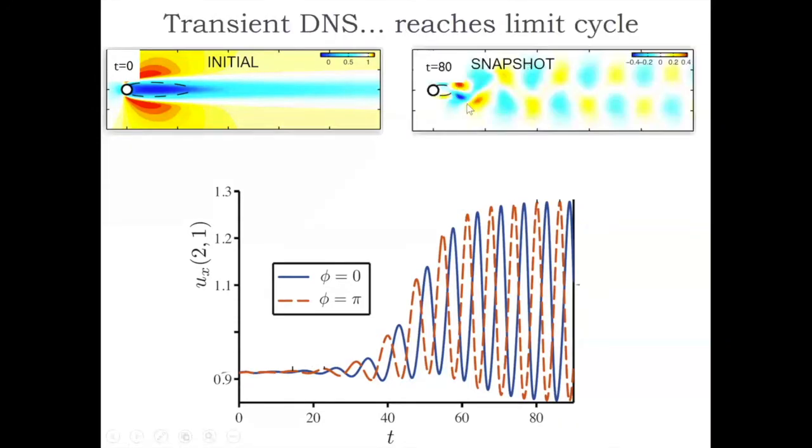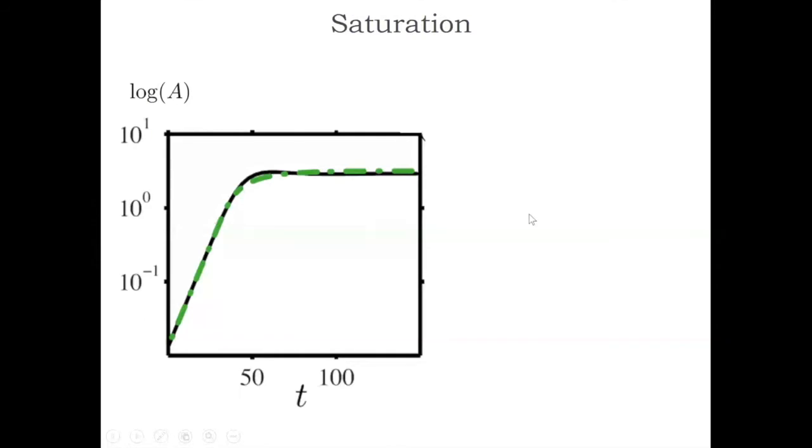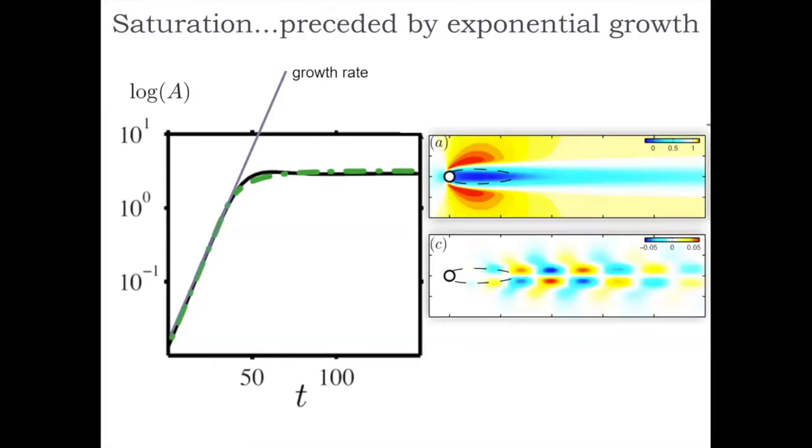And what's interesting is that you clearly see two phases, an exponentially growing instability phase first, and then a saturation phase. And this is here materialized in a semi-log plot, where you see the log of the amplitude of the perturbation as a function of time. And there are clearly these two steps visible, an initial exponential growth phase and then a saturation phase.